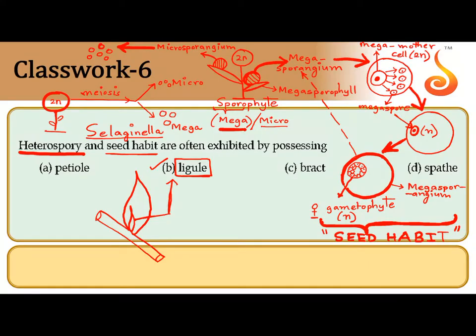A female gametophyte is a plant generation which has the female sex organ. So if you can imagine, a megaspore is giving rise to a female gametophyte, so obviously a microspore will give rise to a male gametophyte which is capable of generating male gametes. Okay, so the answer is ligule.